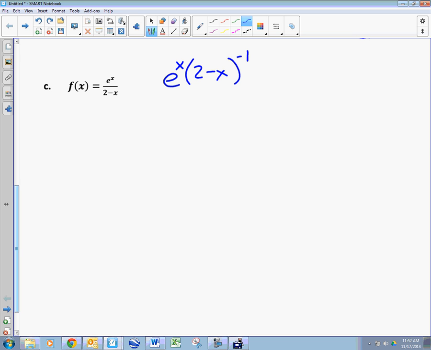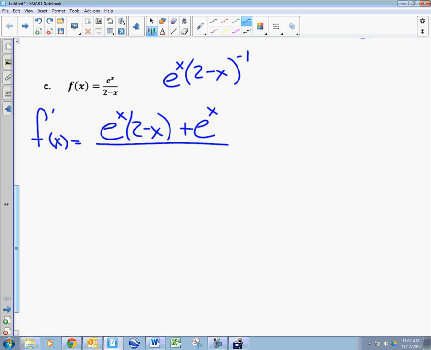So quotient rule: derivative of e to the x times 2 minus x, minus derivative of the bottom and times e to the x, all over 2 minus x quantity squared.